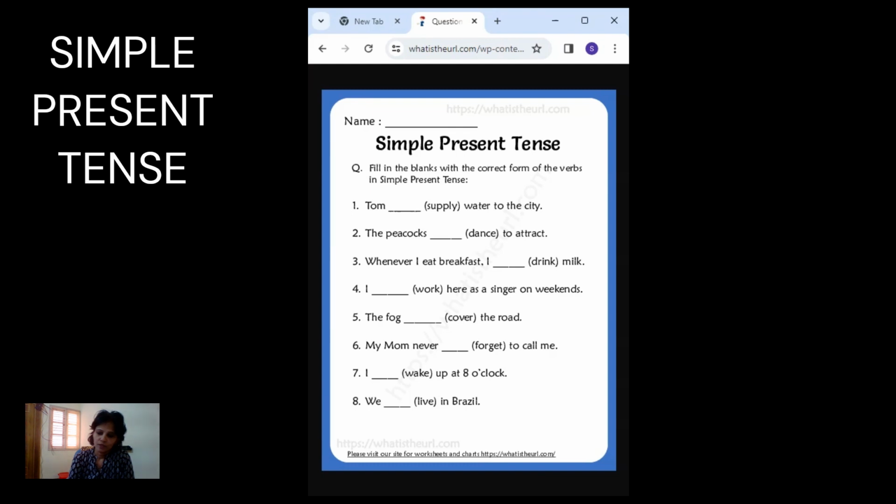That means your mom usually calls you. She will never forget. That is what it's saying here. We should understand it like that.